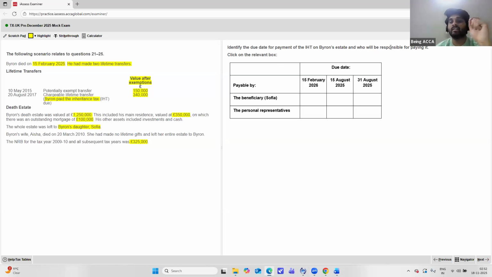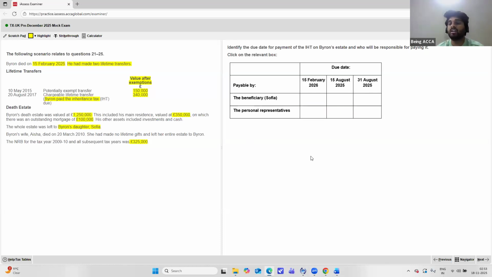Though the estate is being given to Sophia, who is also the daughter of Byron, the liability for IHT payment will always lie with the personal representatives and not with Sophia. So with this, we have identified that the right answer will only be from these three boxes.